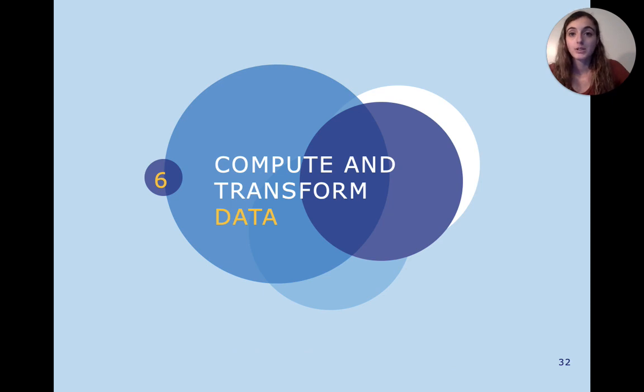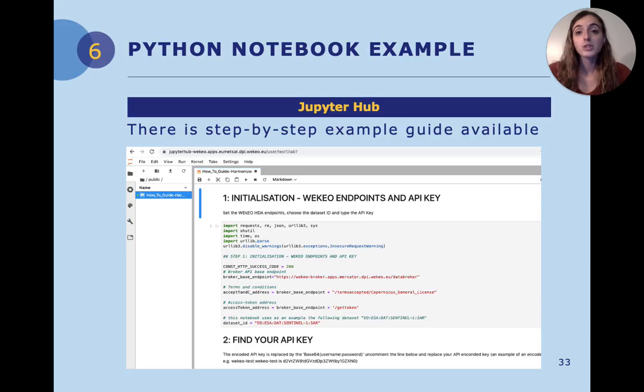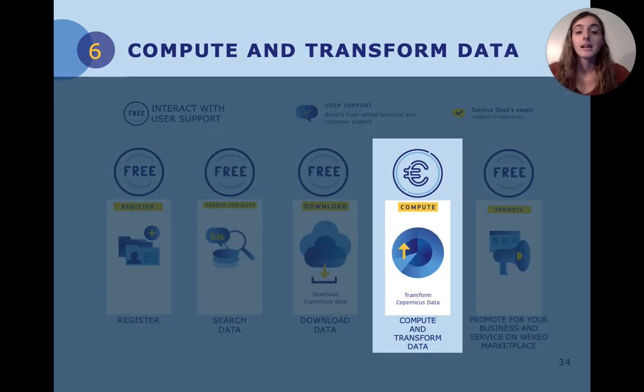Computation and transformation of data at WEkEO can be done on our cloud infrastructure. One option is to process the data on Jupyter Lab, that is offered for free in WEkEO Essential accounts. There is a Python Jupyter notebook with a step-by-step example. There are also virtual machines, VMs, available for computing and transforming the data, which are part of the paying services.